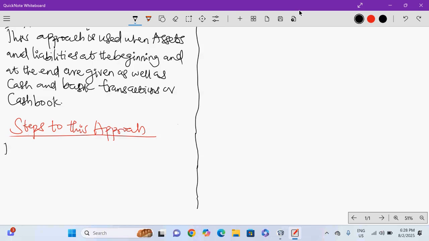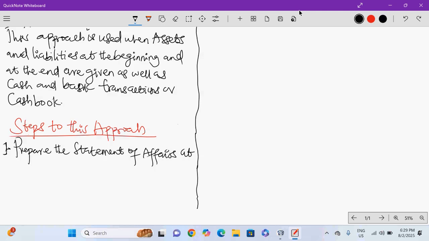The first thing to do, after reading the question and the requirement, is to just have your steps in mind. First of all, prepare the statement of affairs, or the financial position, at the beginning.